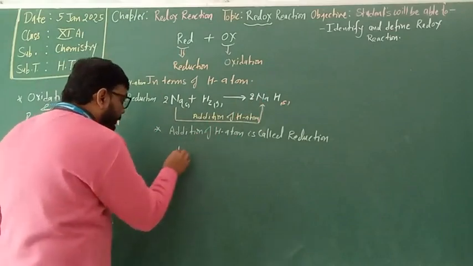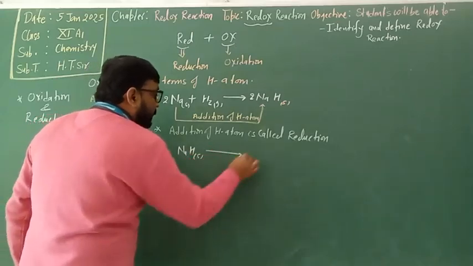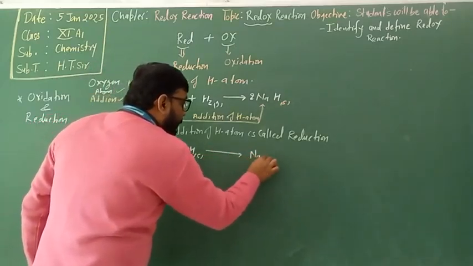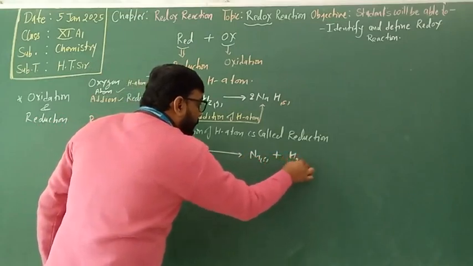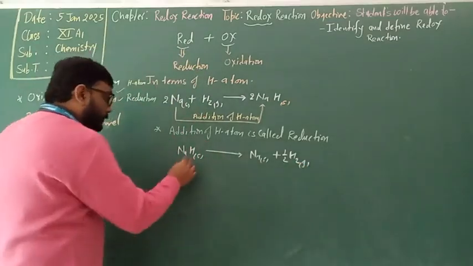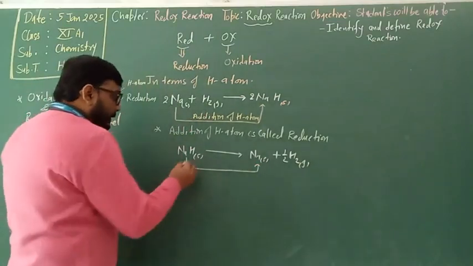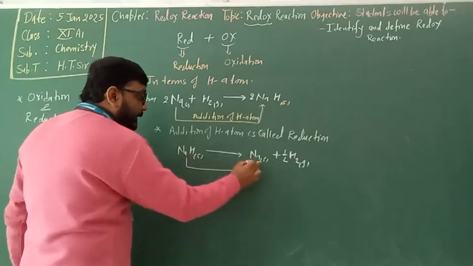Now look at the scenario and think about the reverse of this process. When sodium hydride converts into sodium and hydrogen, what happens? Let us see. Here the hydrogen is present, but here there is no hydrogen.